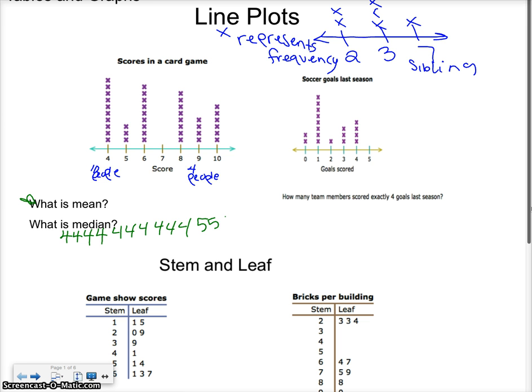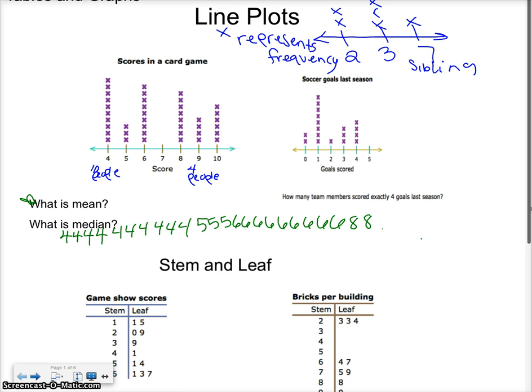How many sixes? 9. How many eights? 8. Oh, I'm done. And we keep going. That's what a line plot does. It's much more organized. It would take so much work to list them all out. I'm not even done. I still have a bunch of 8s to go, 9s and 10s. It's a way to organize your data in sequential order.